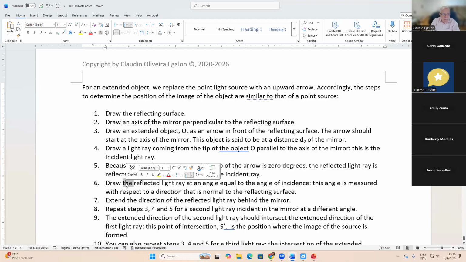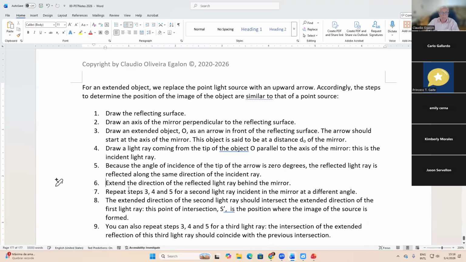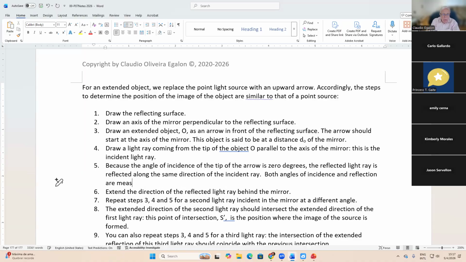Let's not forget, both angles of incidence and reflection are measured with respect to the normal of the mirror surface.